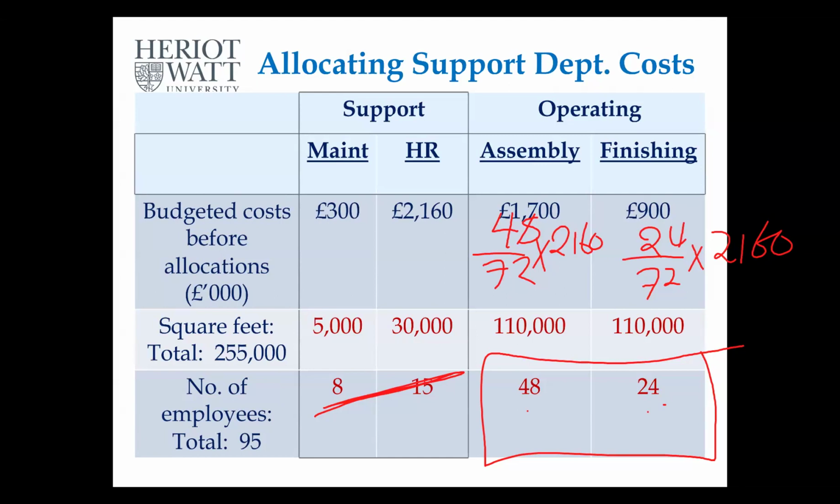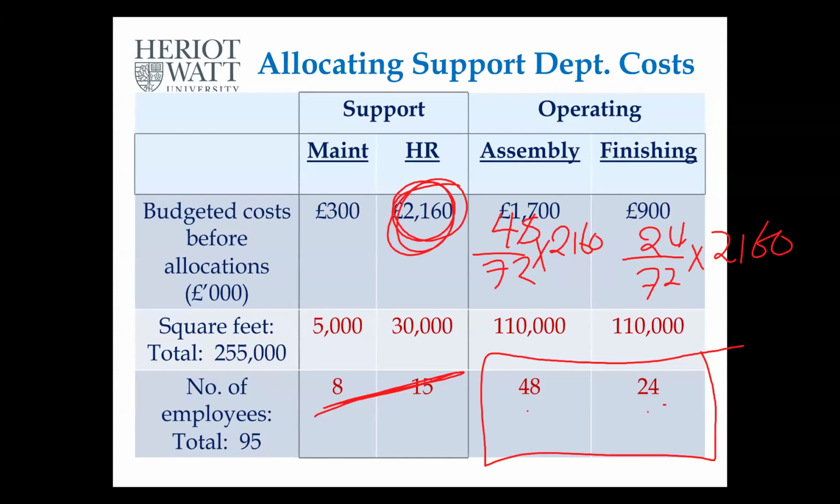That's why I was very confused. Even with the exam paper, I was doing the same thing and I couldn't get the answer. But now you have understood. Yes, you have to multiply by this because this is the cost that you want to share, that you are allocating. Yes, now I've understood. In fact, the direct method is one of the easiest ones.